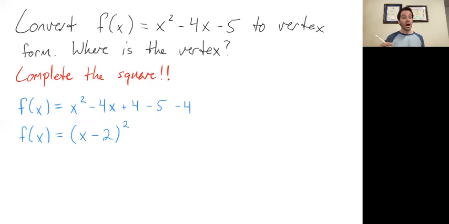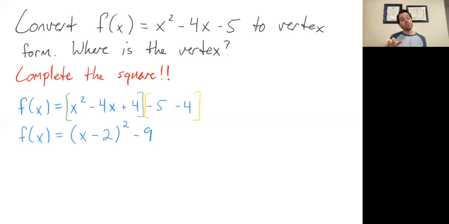So that's why we added the 4 there, so that we'd specifically be able to factor this into a square. The rest of the stuff on the outside, the negative 5 minus 4, is going to combine to get minus 9. Now, look at how I treated these as 2 separate things. I treated this as its own thing, and then I treated this as its own thing.